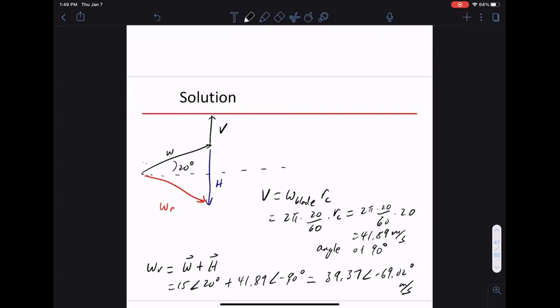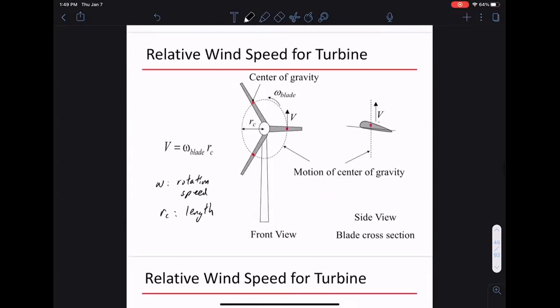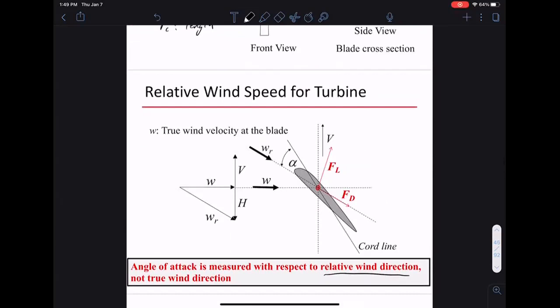Any questions for this? I have a question. Could you go back 2 slides? Sure. This one? No, next one. Yeah, the FL there. Should that be the aerodynamic force rather than the lift force?